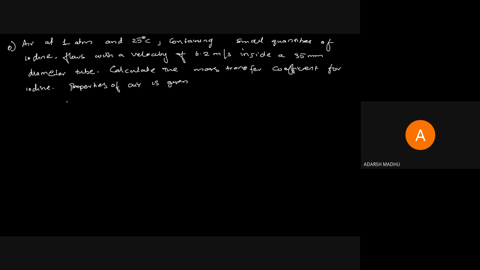The given properties of air are: kinematic viscosity mu equal to 15.5 into 10 power minus 6 meter square per second, and D, the diffusion coefficient, is given as 0.82 into 10 power minus 5 meter square per second.